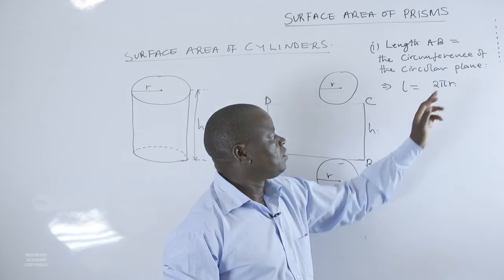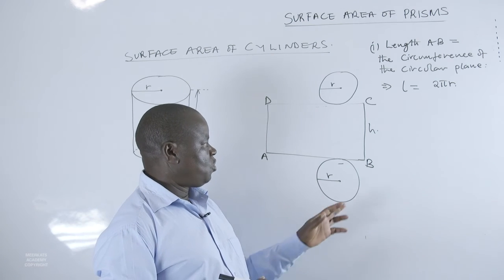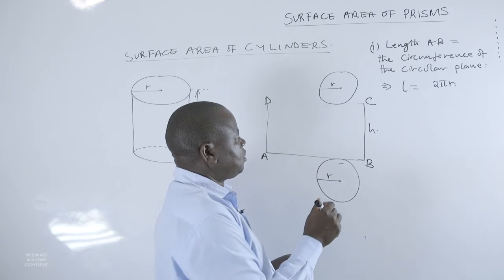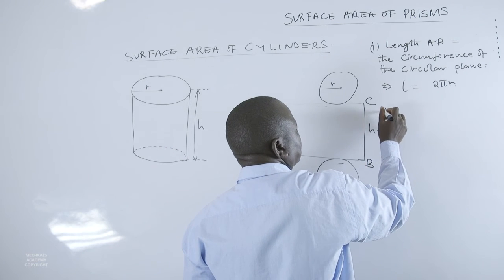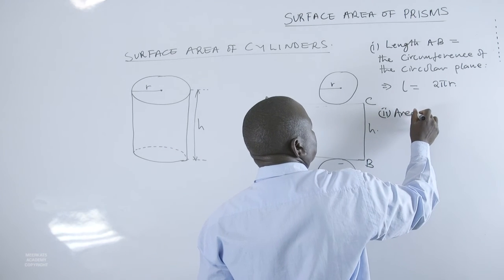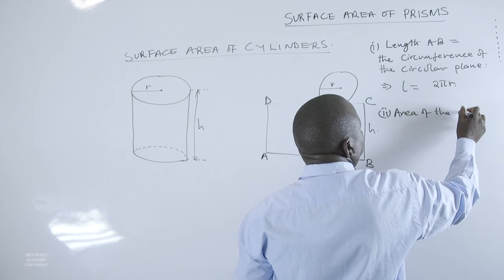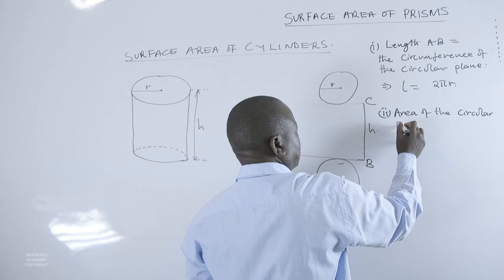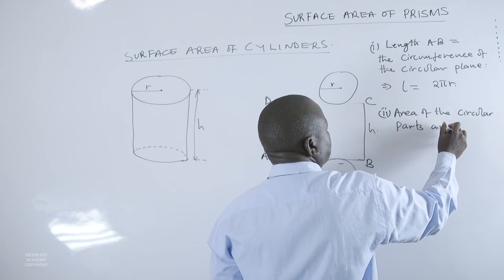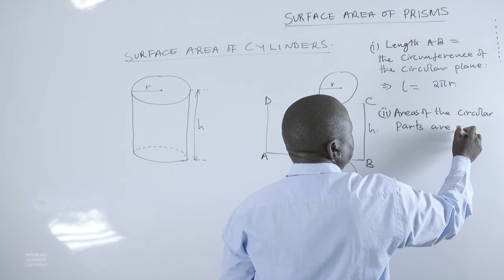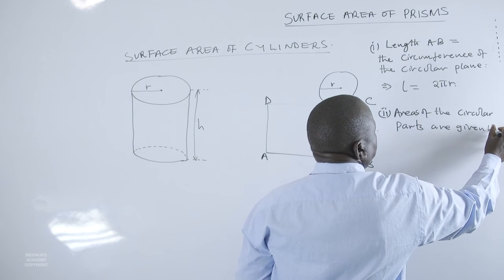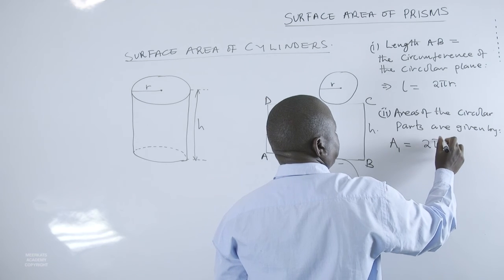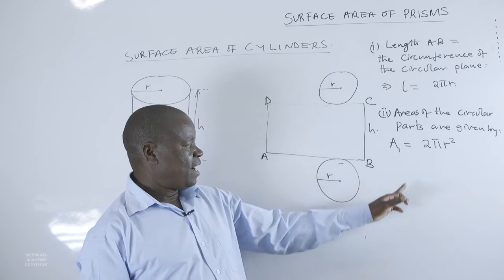So our length L is equal to 2 pi r, where 2 pi r is the circumference of the circular part. Two pi r squared.